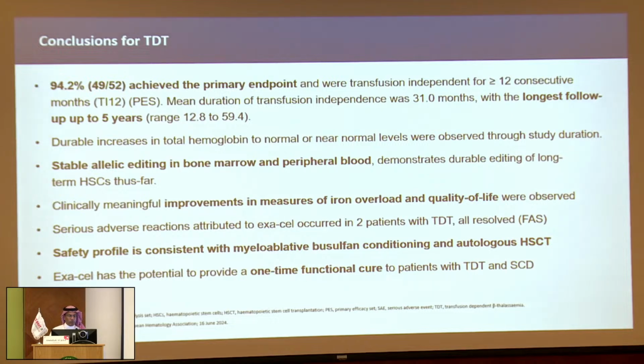Clinically meaningful improvement in the measurements of iron overload and quality of life was observed. Serious adverse reactions attributed to XSL occurred in 2 patients and they resolved. The safety profile is consistent with myeloablative busulfan conditioning and autologous stem cell transplant. So XSL has the potential to provide a one-time functional cure to patients with transfusion-dependent thalassemia and sickle cell disease.